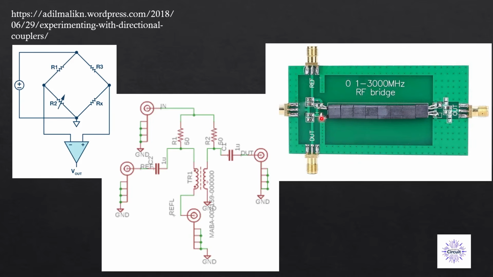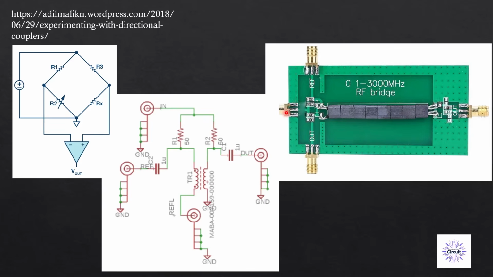And initially, in this project, I bought this very cheap RF bridge from Amazon, which claims to operate from 0.1 to 3000 megahertz. And this is the balun, this part here, that is connected to this port here called out, which gets connected to our ADALM Pluto.